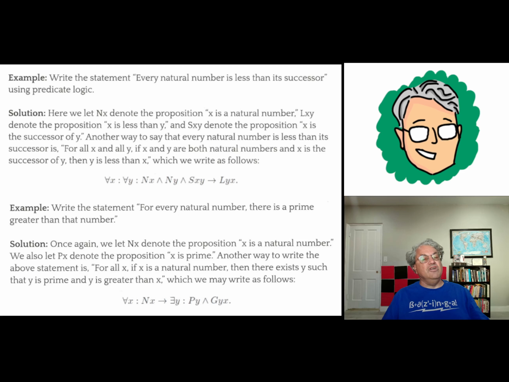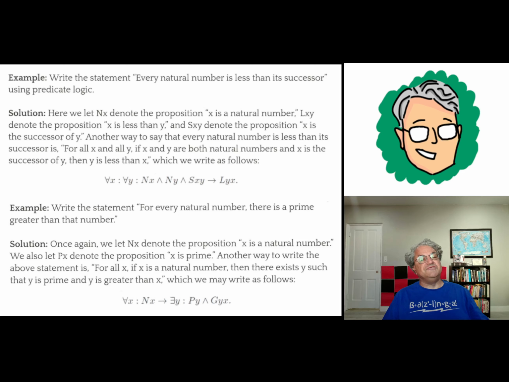I'm saying for all x, if x is a natural number, then there exists a y such that y is prime and y is greater than x, and you write that symbolically the way I show on the bottom of the slide. Upside down A, small x, that means for all x, colon, capital N, small x, this means x is a natural number.